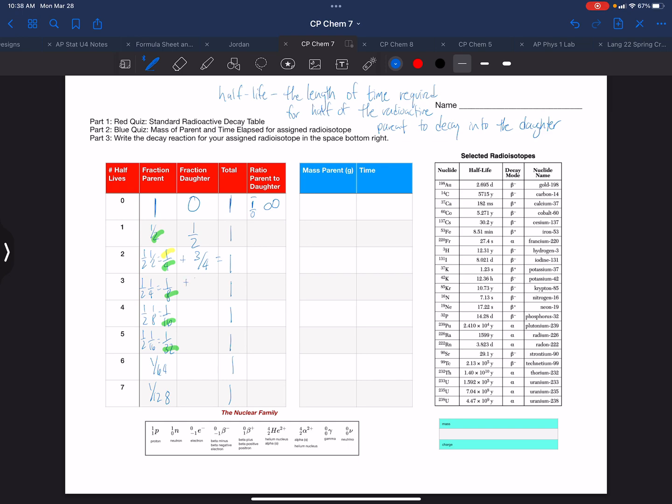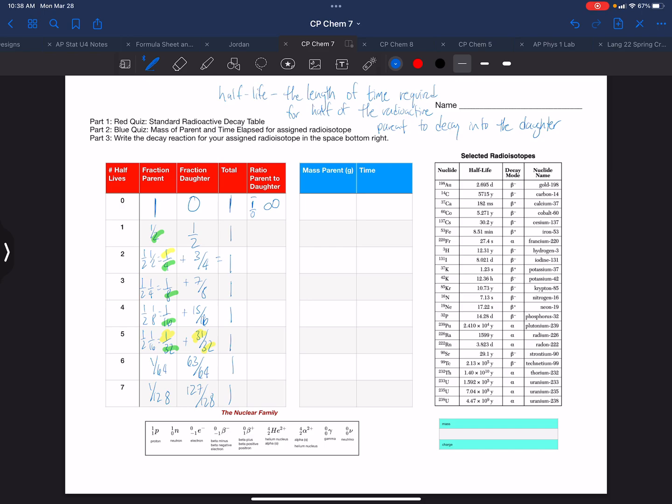And 1/8 plus 7/8 equals 1. 1/16 plus 15/16 equals 1. And 1/32 plus 31/32 equals 1. And so in every one of these cases, if you take this number and this number, the two numerators add up to the denominator. So that means 63/64 and 127/128.